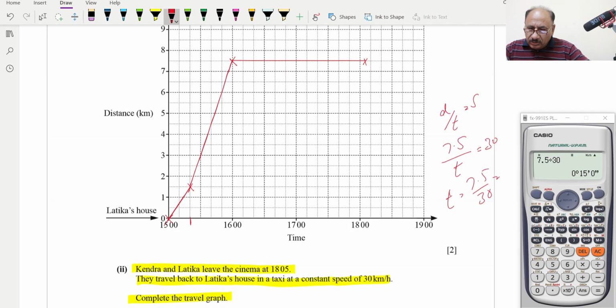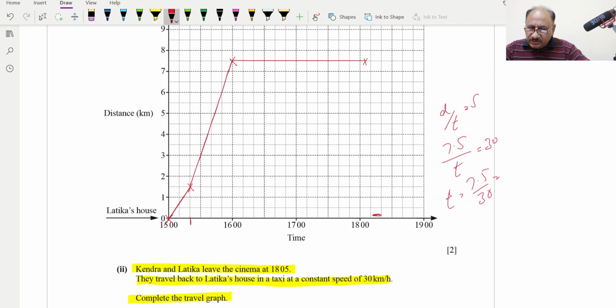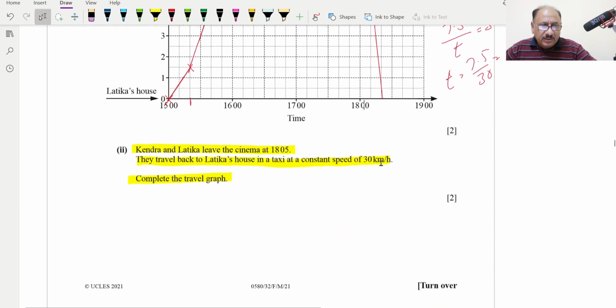One box is representing 10 minutes, so 10 and 5, so 15 minutes. This will be the straight line which we draw; we cannot show an arrow. So I will draw the line from here to here. So this is the travel graph which we have completely done.